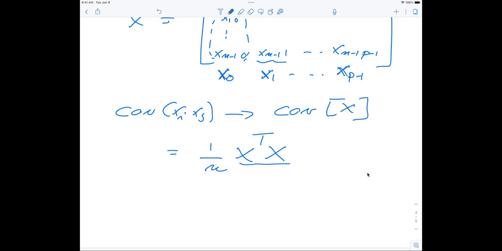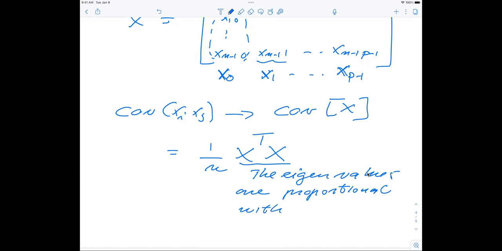So the eigenvalues of the correlation matrix or the covariance matrix are proportional with the singular values, sigma i squared.